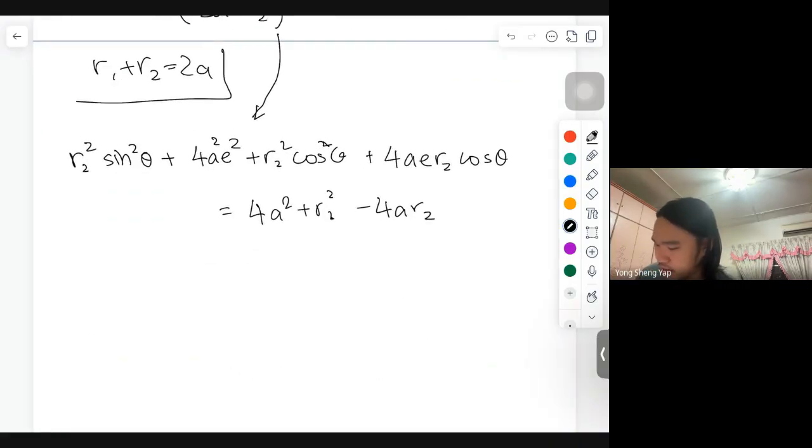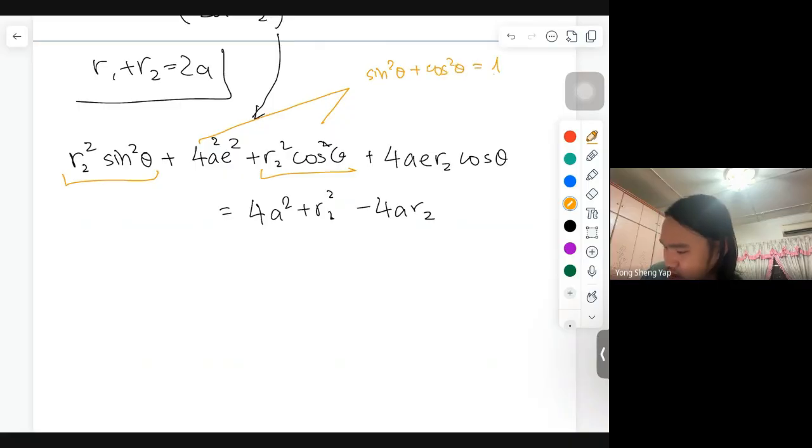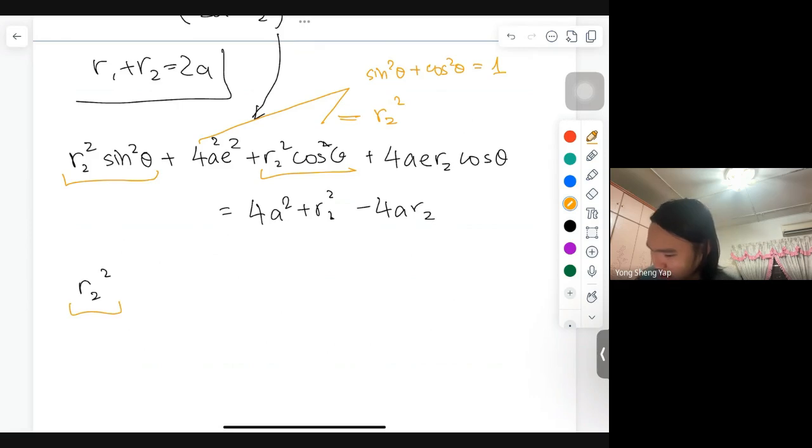Okay, and then R2 squared sine squared of theta plus R2 squared cosine squared of theta. Remember that sine squared plus cosine squared is equal to 1. So this must be equal to R2 squared. So this is R2 squared, but there's an R2 squared over here, so it cancels.